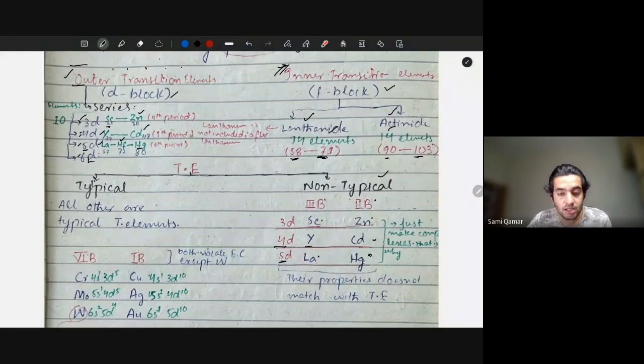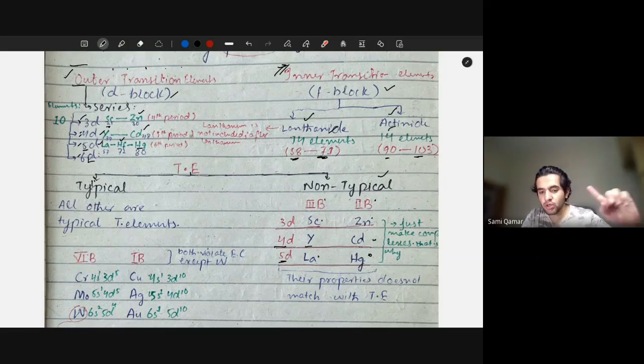Why are they known as non-typical transition elements? Because they do not have a partially filled D subshell or F subshell. Why are they still considered transition elements? Because they make complexes.